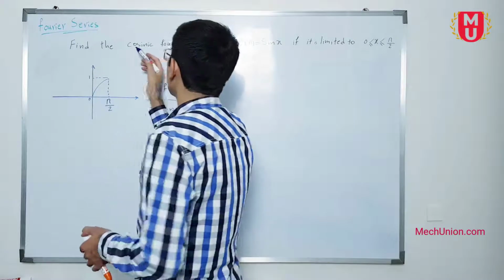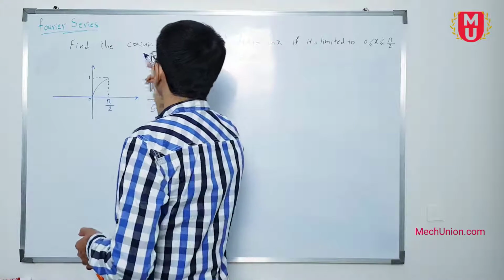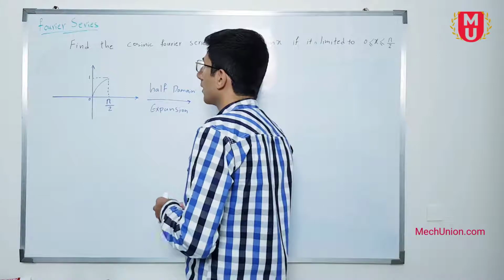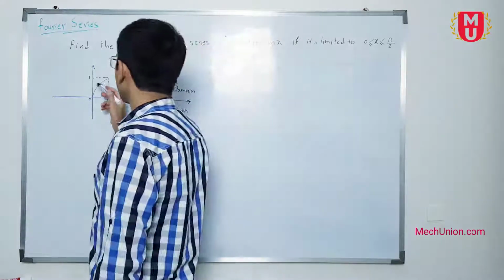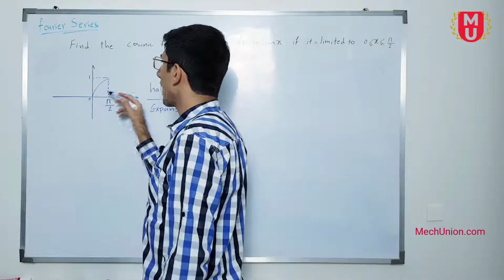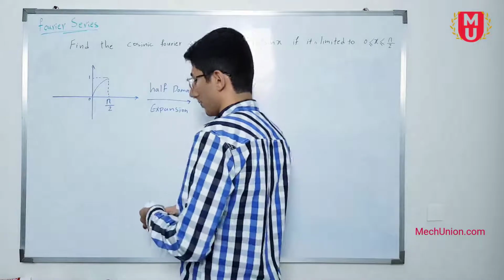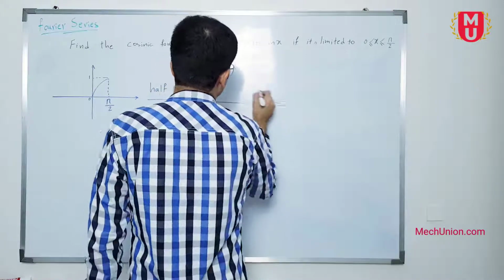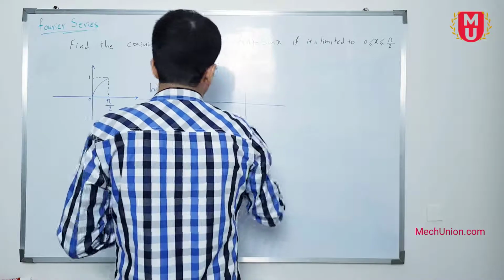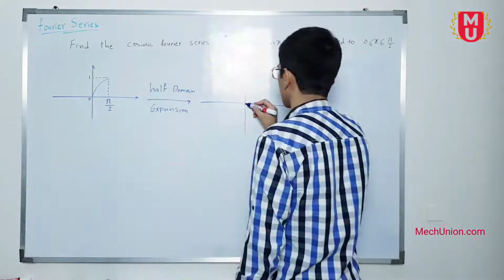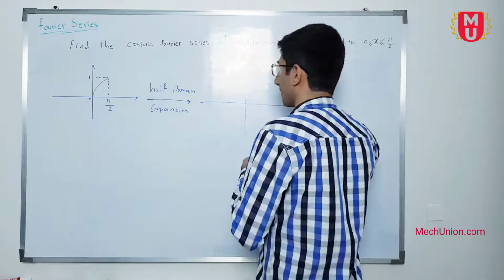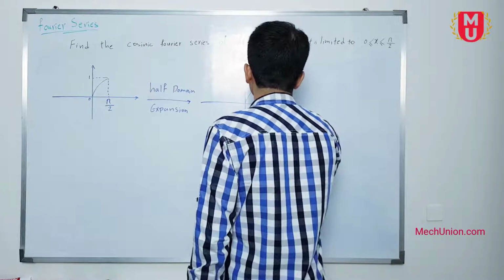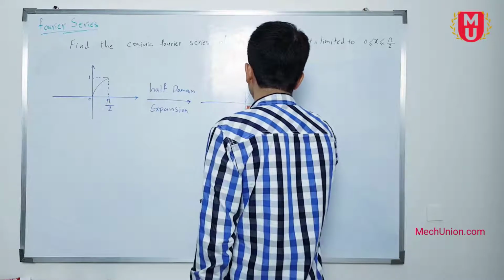It is said to find the cosine Fourier series, and cosine is an even function, so what should we do to make this graph look like an even function? We should expand it like this. This is our main graph, which is between 0 and pi over 2.